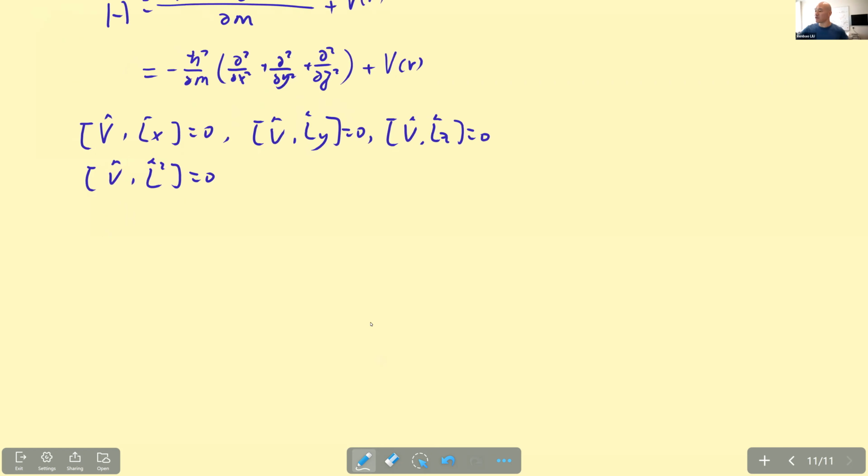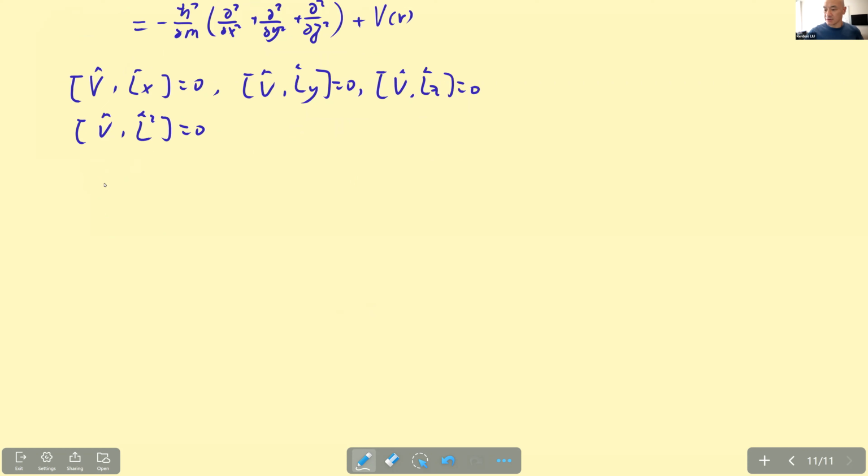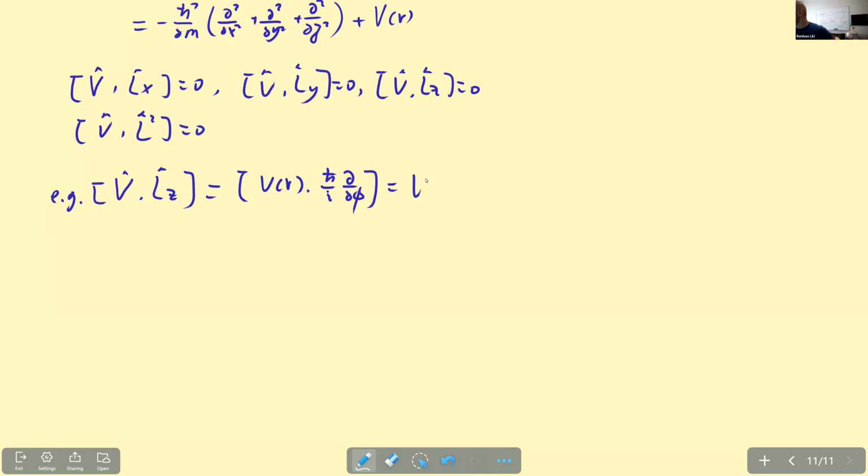Okay, so let me check one for you. So let's check, say, for example, V and Lz, right? So this one equals, say, V times h bar over i partial phi, so that equals V times h bar over i partial phi minus h bar over i partial phi times V. This one, of course, acts not only on this but also on the other.